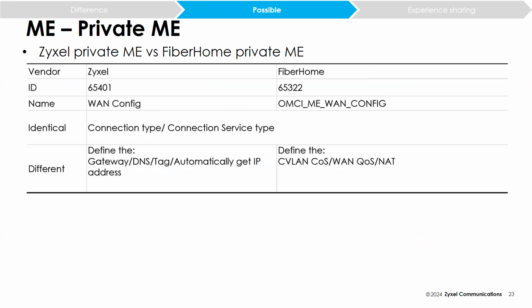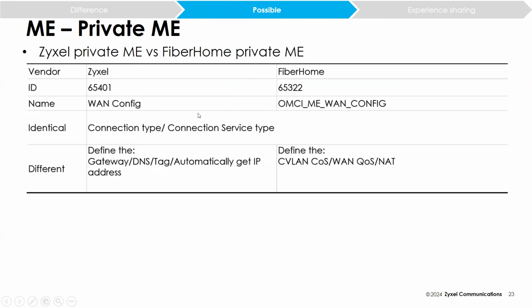Okay, so this is a data comparison of the two private NEs. You can see that the entity ID used by our private NE is this one, but the entity ID used by the FiberHome one is this one.